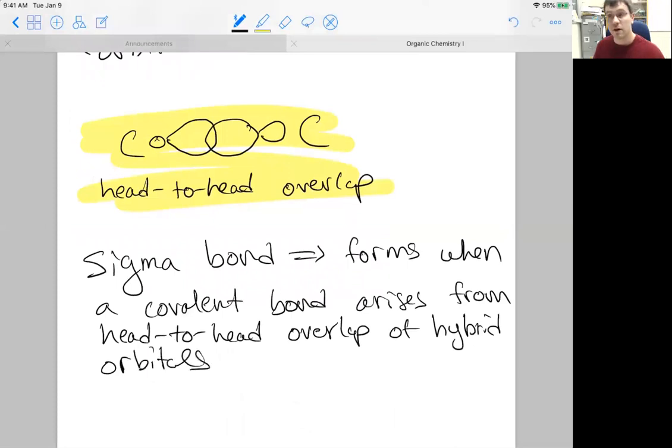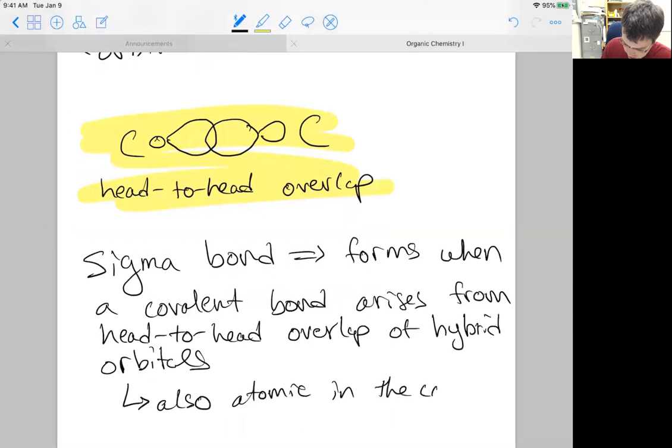Now, for those that are curious, and if you're curious about this, I'm impressed. But also, not just hybrid orbitals, also atomic orbitals in the case of H. That is to say that up here, this is a sigma bond.